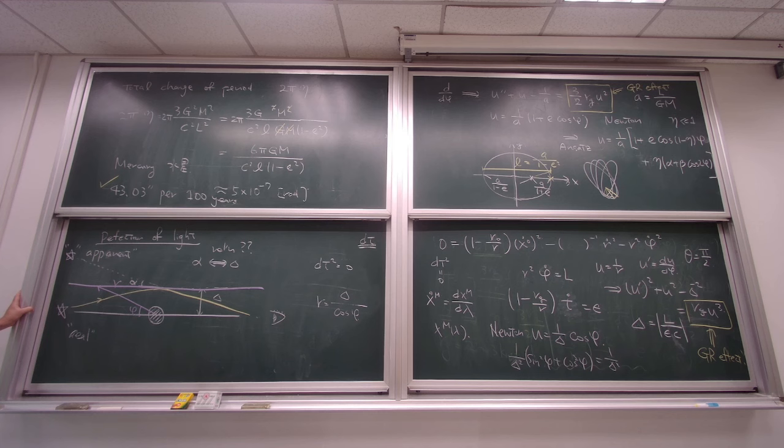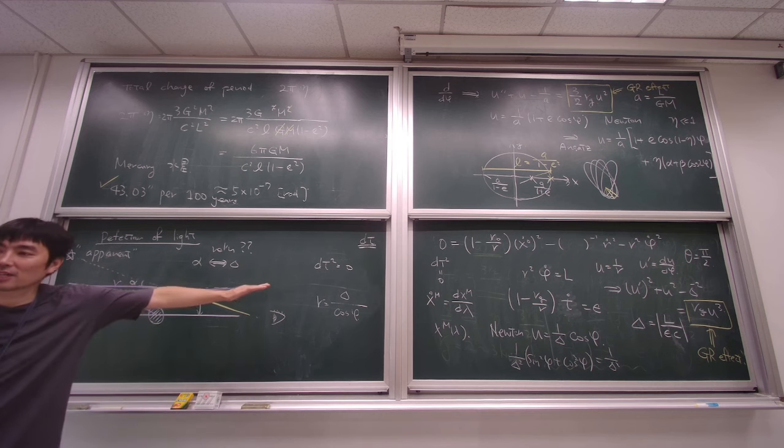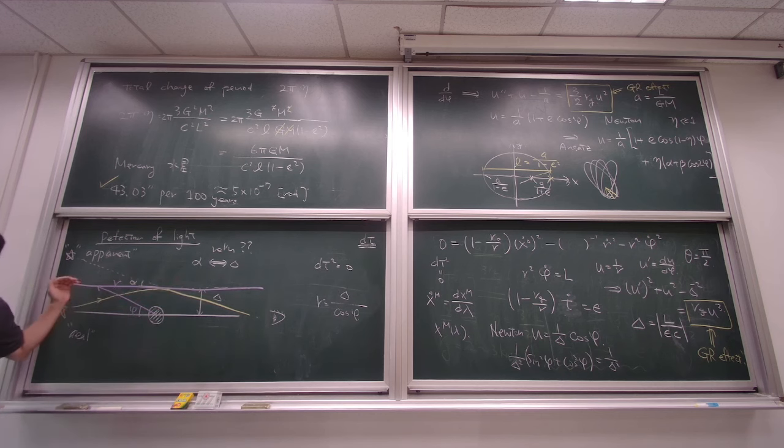My r times cosine phi is here, which is delta, so it's okay. So in Newton mechanics, light goes straight. That's it. There is no gravitational effect.